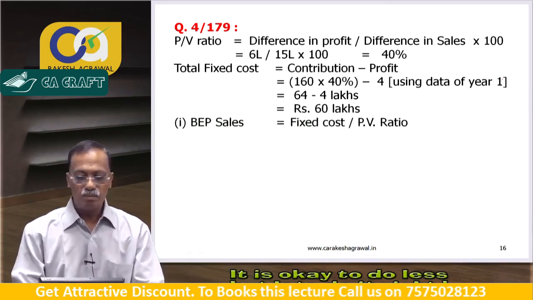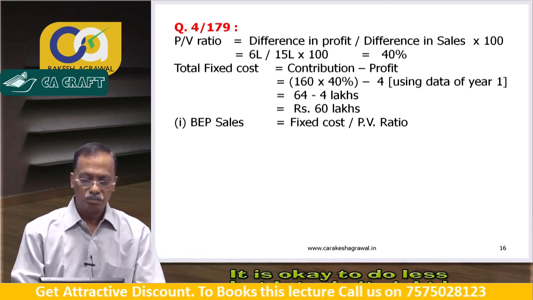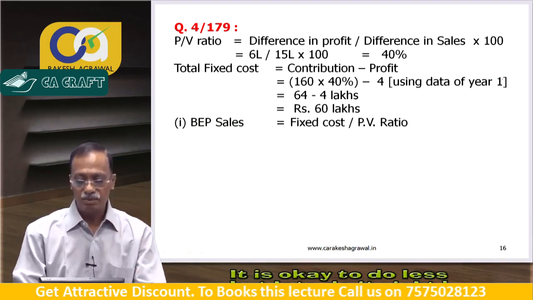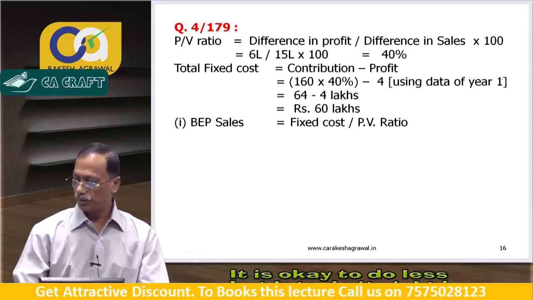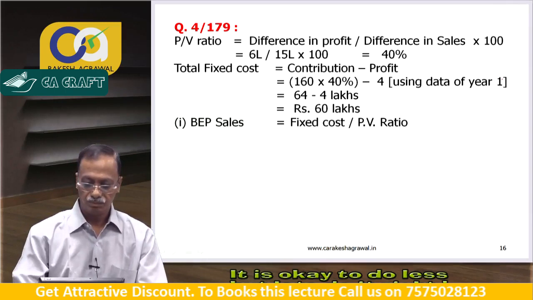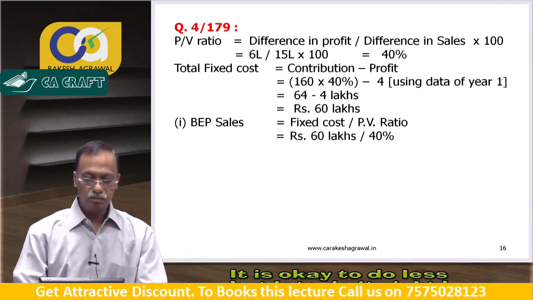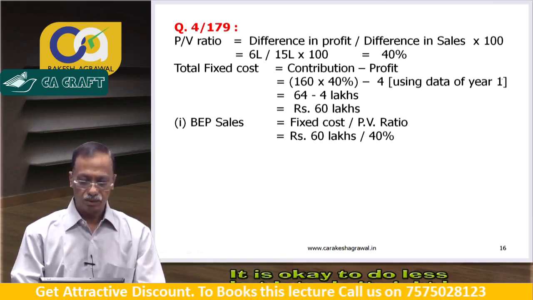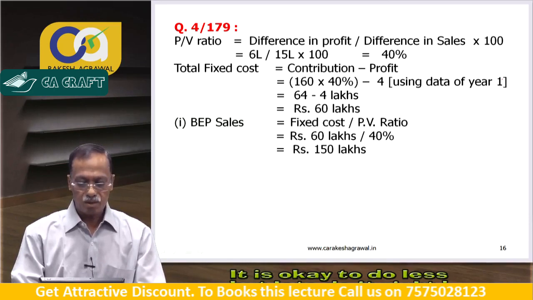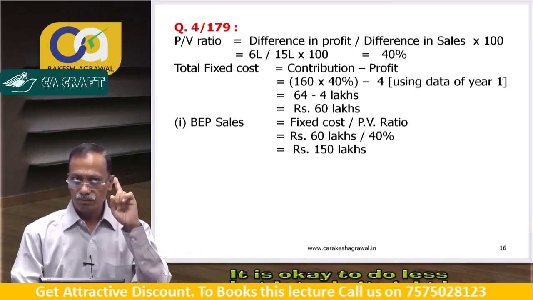So first answer, number 1, BEP sales is equal to fixed cost divided by PV ratio, which is 60 lakhs divided by 40%, and that is equal to rupees 150 lakhs. Now this is the first answer.